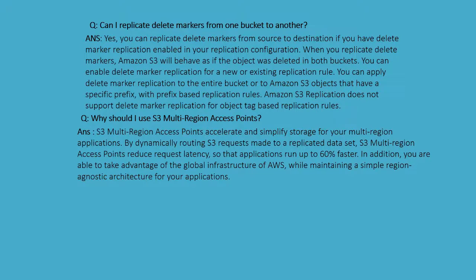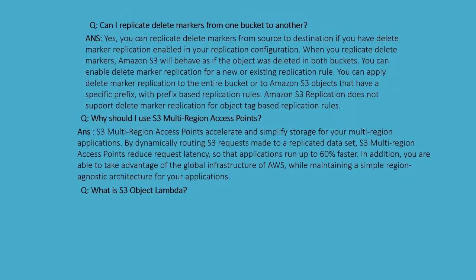S3 Multi-Region Access Points reduce request latency so that requests run up to 60% faster. In addition, you are able to take advantage of the global infrastructure of AWS while maintaining a simple Region-agnostic architecture for the application.